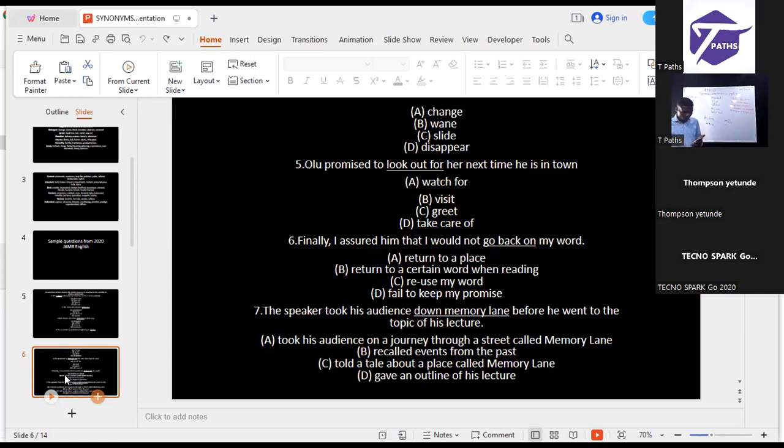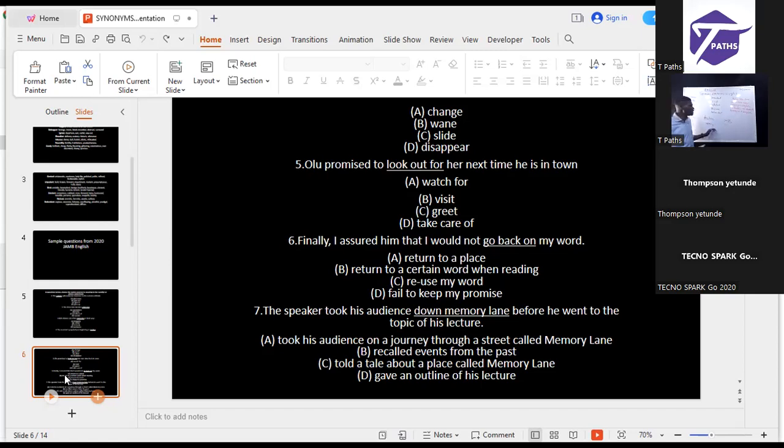Okay. Now look at number 7. It says the speaker took his audience down memory lane before he went to the topic of his lecture. What does it mean to take somebody down memory lane?